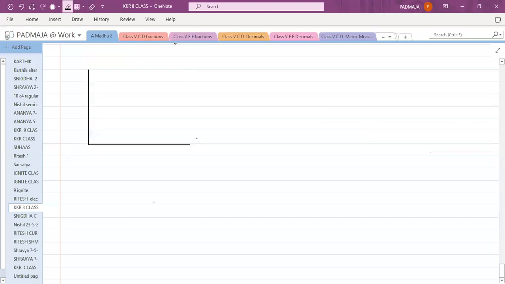Consider this is the xy plane, this is the x-axis and this is the y-axis. Imagine a particle starts from the origin O, whose coordinates are 0, 0, and after some time it reaches a point P, traveling along some path.